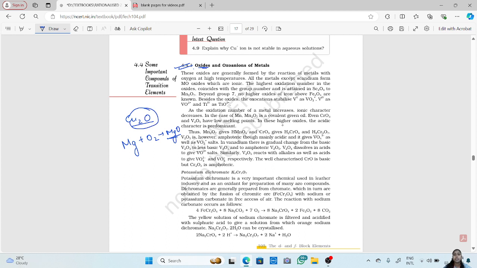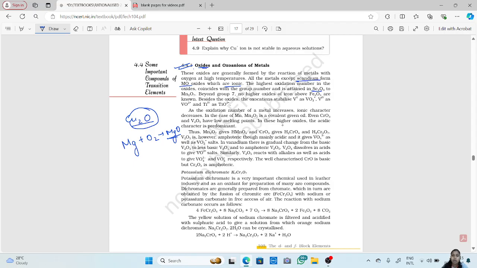Now, all the metals except scandium, there is an exception. Scandium doesn't form a metal oxide which is ionic; even though it forms a metal oxide, that is a stable one. It is not an ionic one.